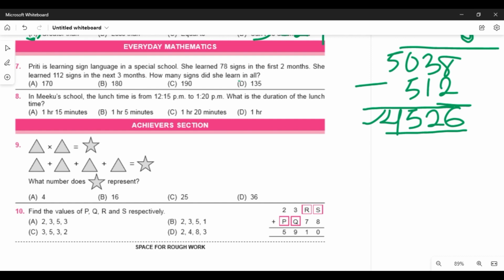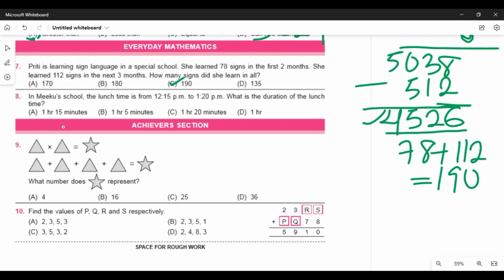What this question requires of you is to add the signs she learned in the first period and in the second. So that will simply give us 78 plus 112, which will give us 190. So the correct option will be C.